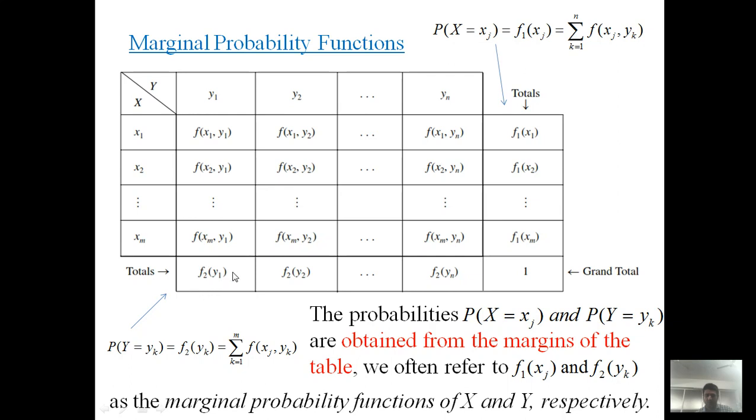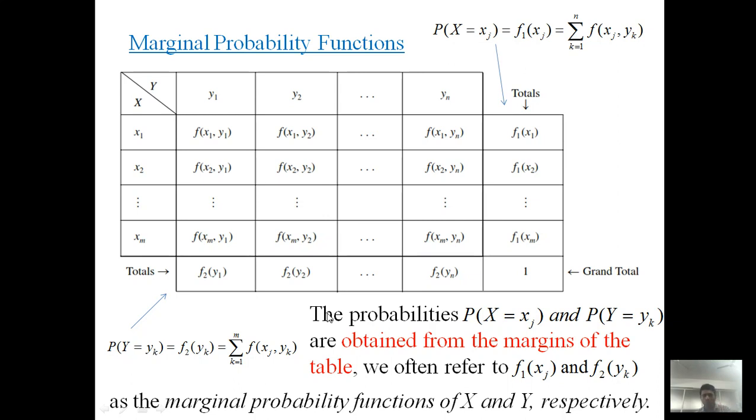f2 of y1 similarly is just the sum of all the elements in the first column, that is f of x1 y1 plus f of x2 y1 and so on up to f of xm y1, which is equal to f2 of y1, and is also represented as P of Y equal to yk.